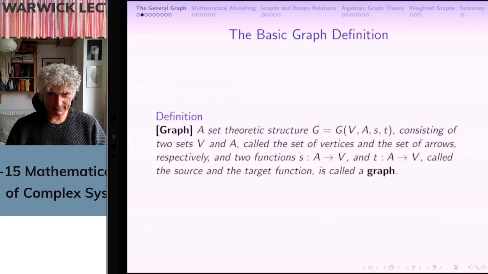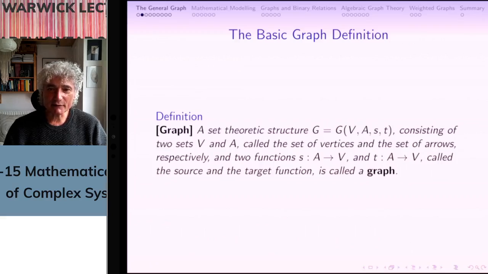So let me just briefly say something about the idea of these mappings. As you can see, S here maps from A to V, and that is, an arrow is associated with its source.